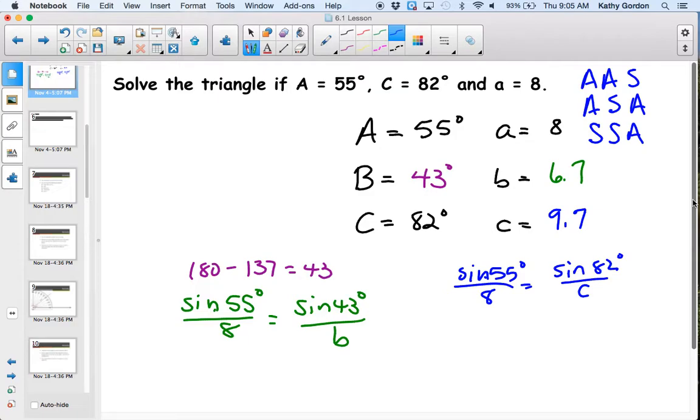Okay, no problem. But when you start talking about SSA, we get into something called the ambiguous case of the law of sines. And the reason it's ambiguous is because when you get an SSA, there are different possibilities as to what might be happening with your triangle, and therefore what kind of answers you might get.